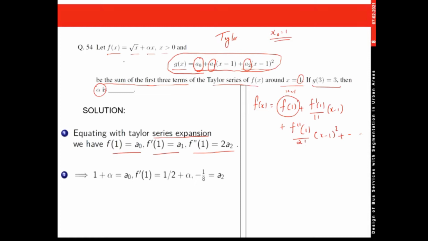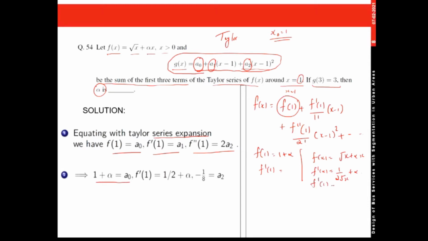So what is f of 1 here? If you put 1, you get 1 plus alpha, so that is the value a naught, right? Then f dash of 1: if you find the derivative of f of x, where f of x is equal to root x plus alpha x, then f dash of x is equal to 1 by 2 root x plus alpha.